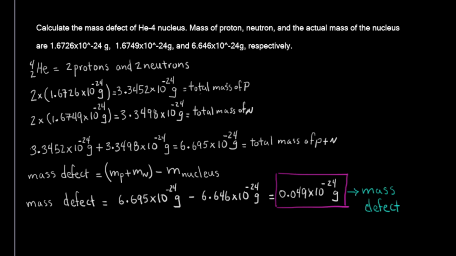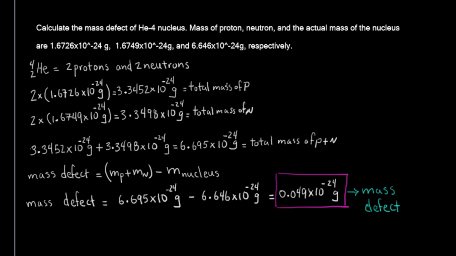So we need to multiply the mass of protons, which we have 2, by the mass that we are given. So we need to multiply 2 times 1.6726 times 10 to the minus 24 grams.